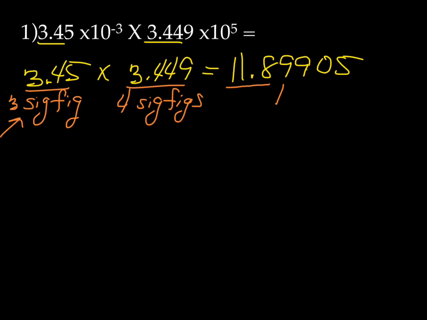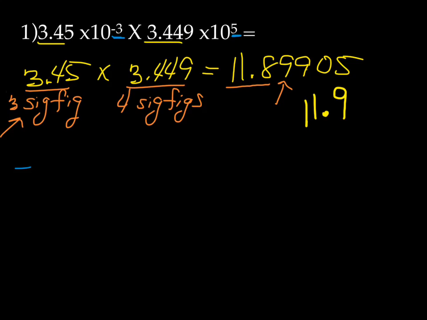We're going to look at the 9, drop everything from the 9 on. And because the 9 is 5 or bigger, our final answer for multiplying coefficients is going to be 11.9. Next, we need to deal with the exponents, the negative 3 and the 5. And because this is a multiplication problem, we multiply the coefficients, we add the exponents.